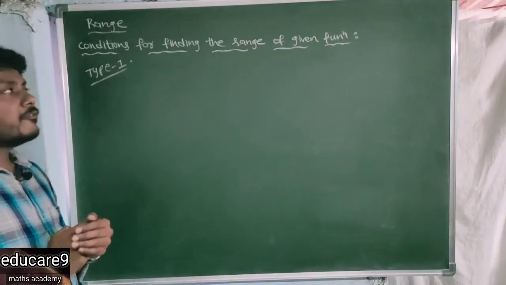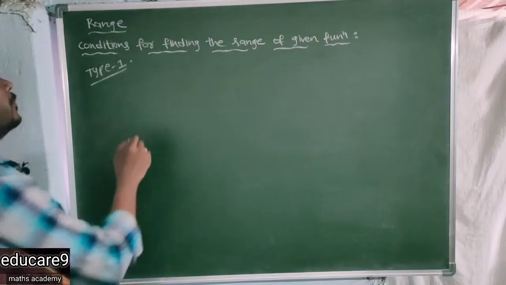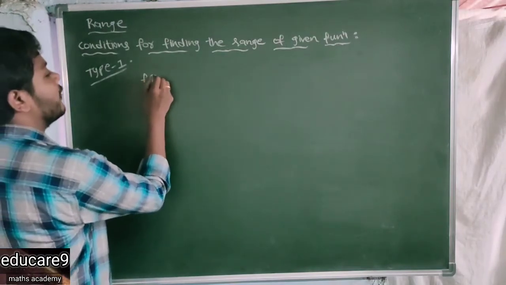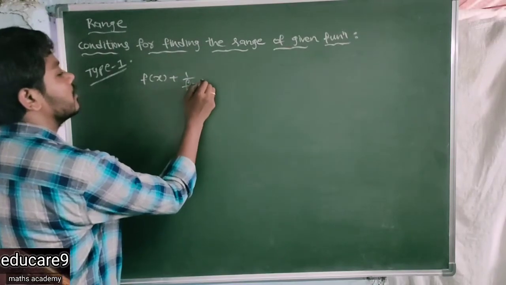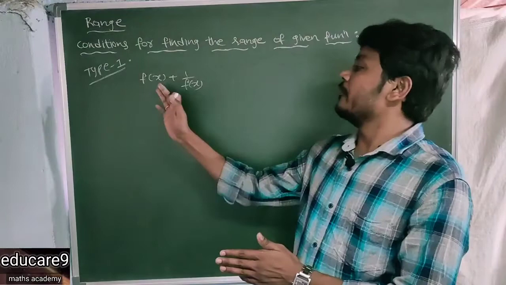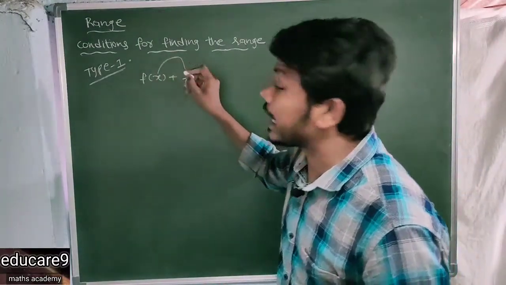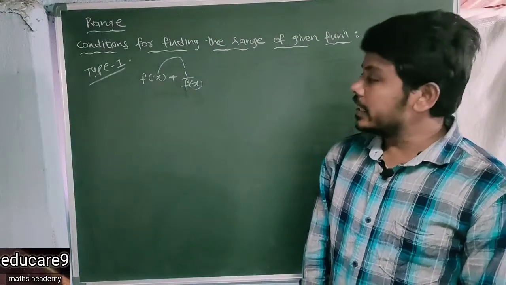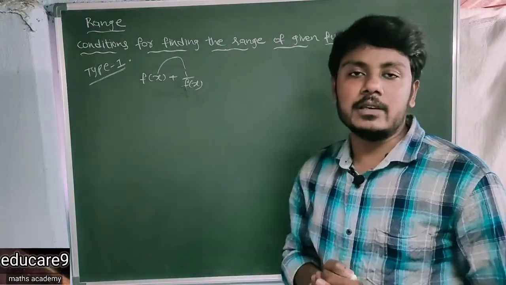If the given functions are reciprocal, for example f of x plus 1 by f of x, clearly these two are reciprocal. In that case we have to apply AM and GM.